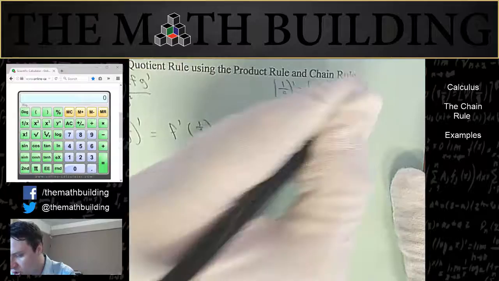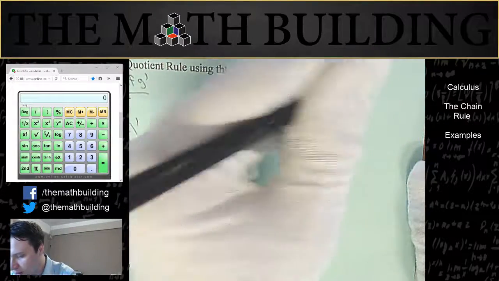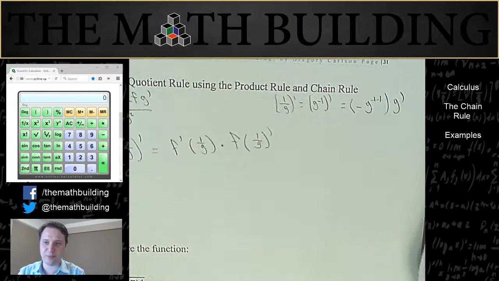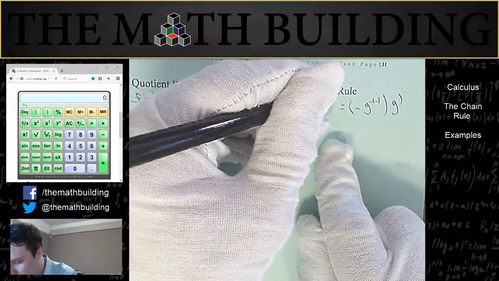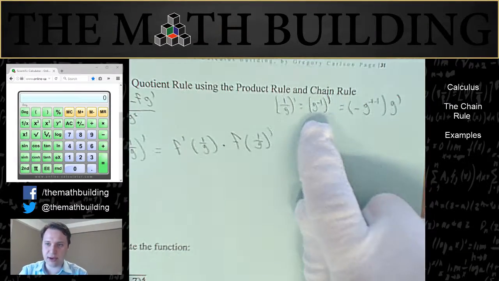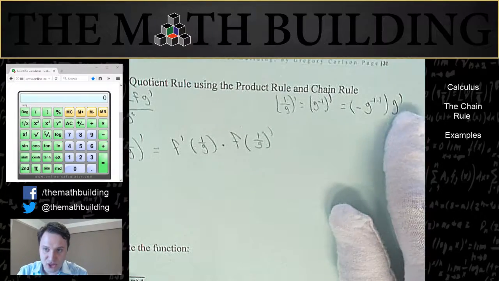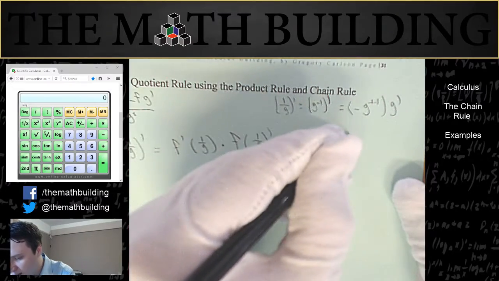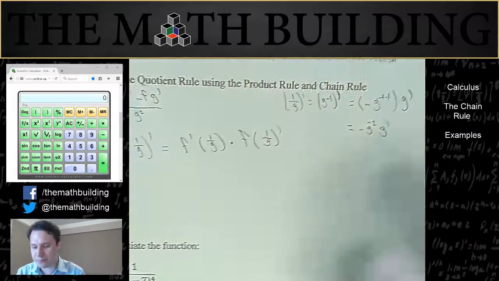That would be -g to the negative 1 minus 1. And then with the chain rule, we need to multiply by the derivative of g. So the derivative of g to the minus 1 would be negative g to the minus 2 times g prime.